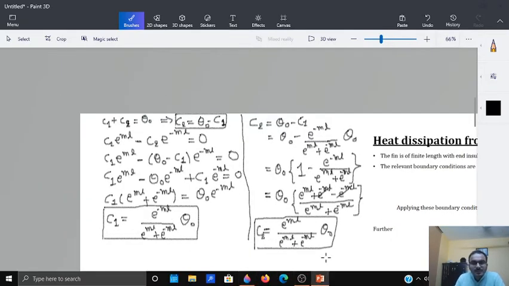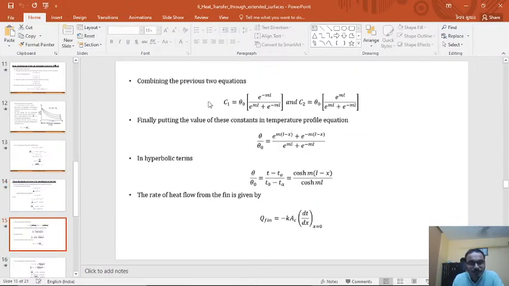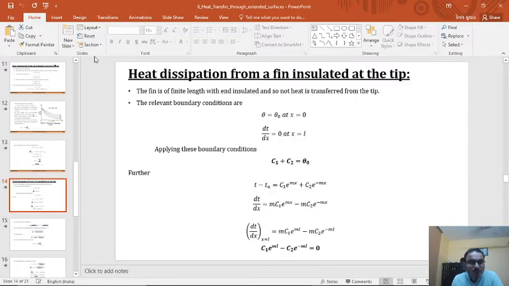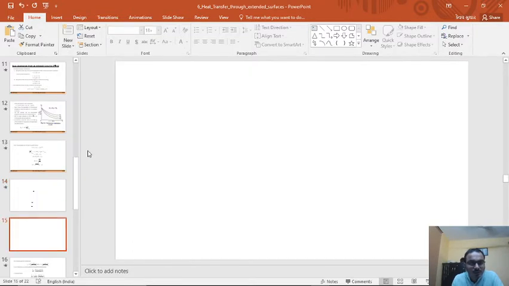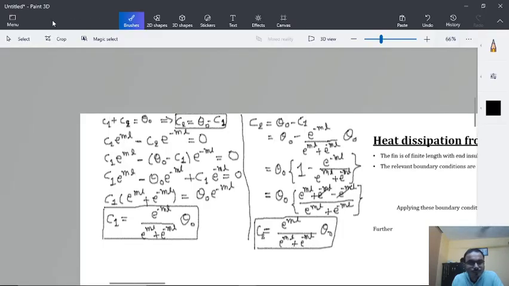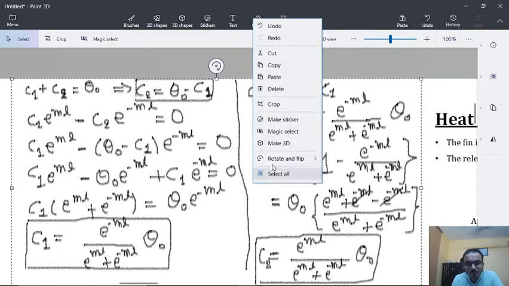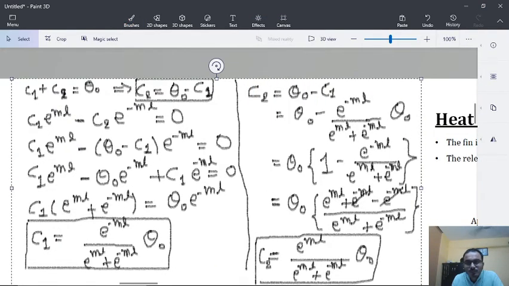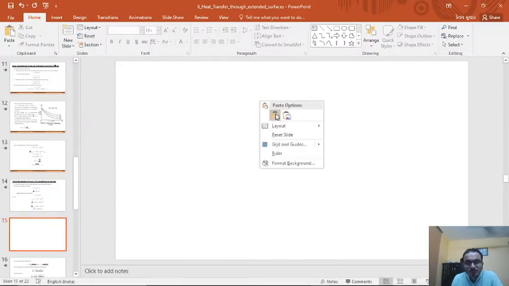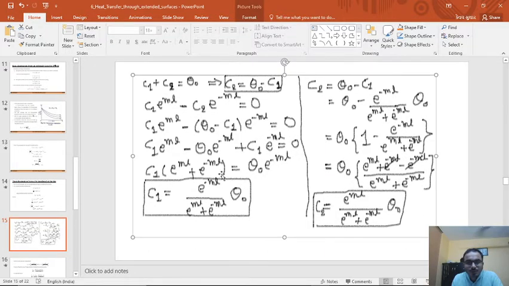So let's get back to our slide, and here I have directly written that part as you can see here. So here we will add one more slide and we will copy this portion. Okay, so this will be helpful to you in deriving this portion C1 and C2.